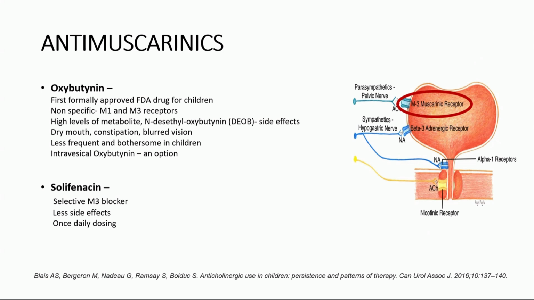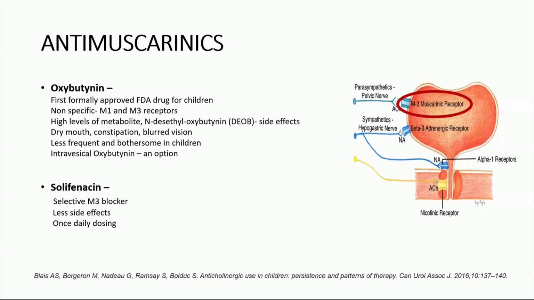Oxybutynin is the first formally approved FDA anticholinergic for children. In addition to its antispasmodic properties, it also has local anesthetic and calcium channel blocking properties that augment the effect on detrusor overactivity.